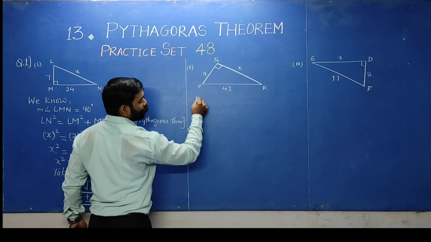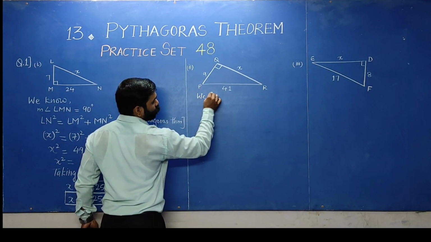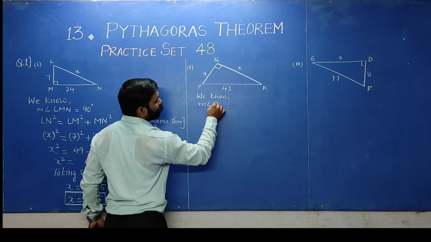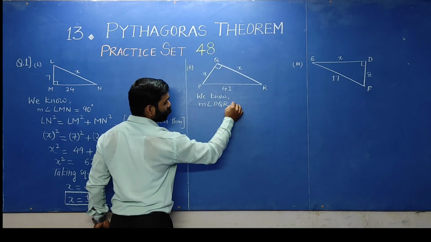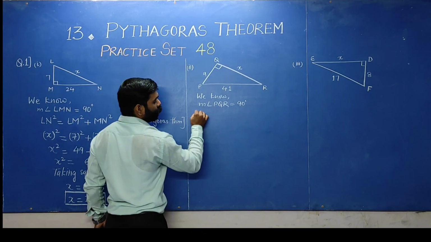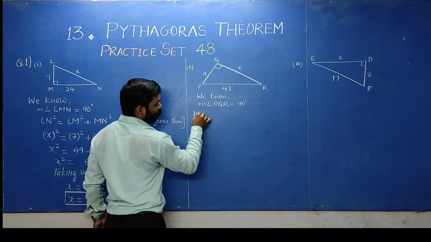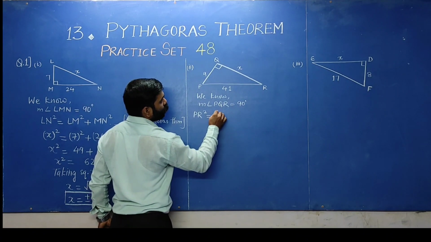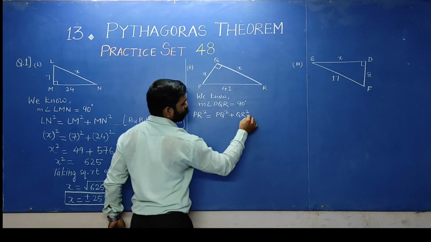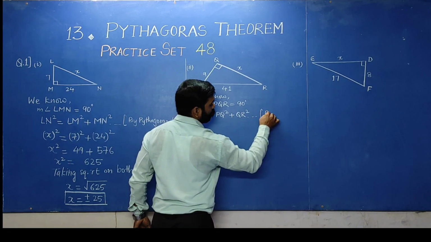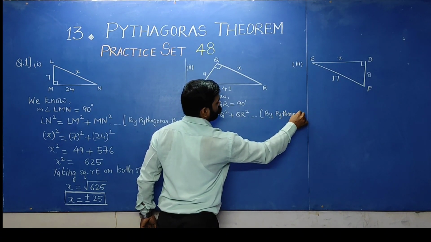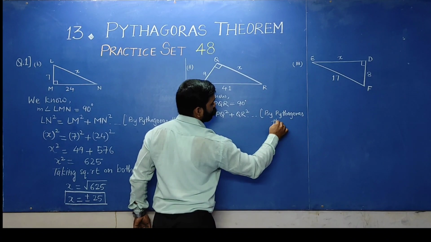Second question is given as, we know, again I am writing the same way, measure of angle PQR is equal to 90 degrees. It is given as 90 degrees. Q is given as 90 degrees. So PR square is equal to PQ square plus QR square, the same way by Pythagoras theorem.